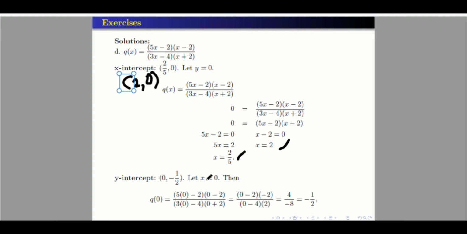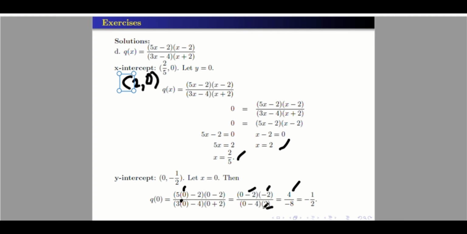And last, for the y-intercept, let x equal 0. Then we have here, so substitute 0. So this will become 0, this will become 0. We have 0 minus 2, and we have 0 minus 4. 0 minus 2 is negative 2. 0 plus 2 is 2. Okay, take note that this will become negative 2. So negative 2 times negative 2 is positive 4.